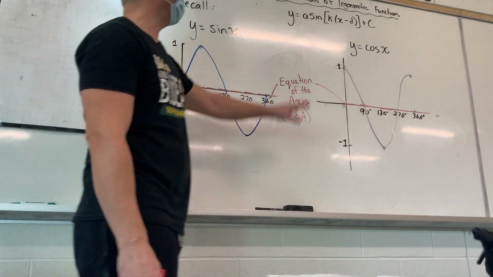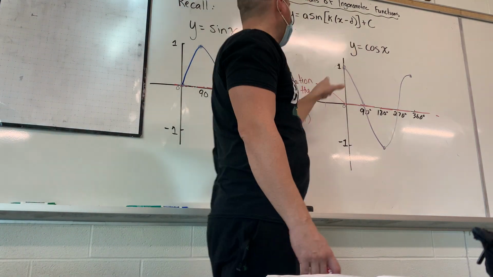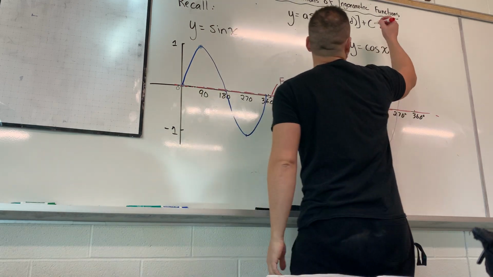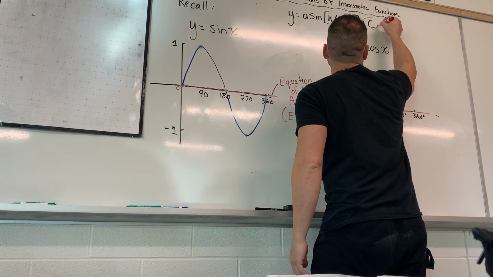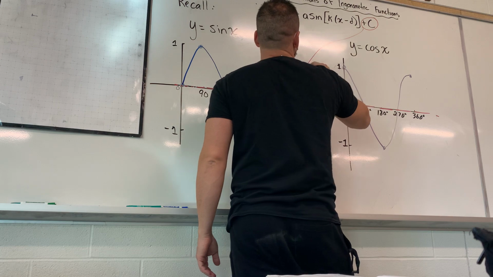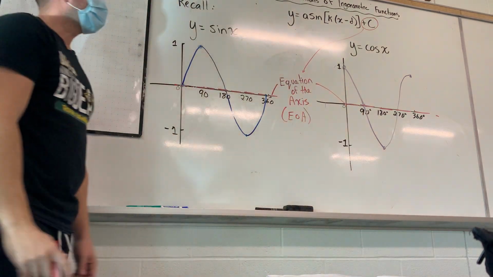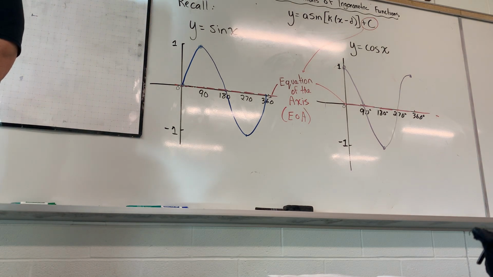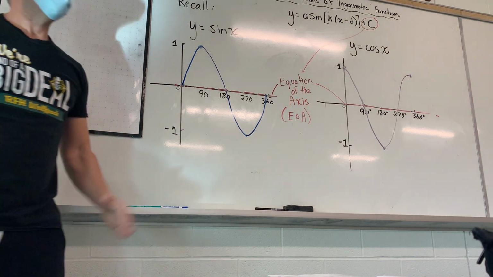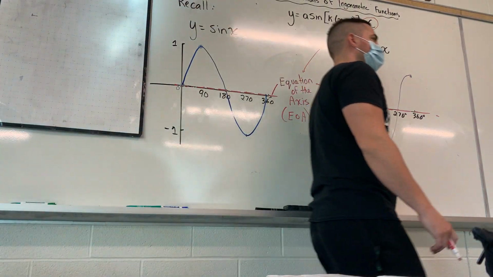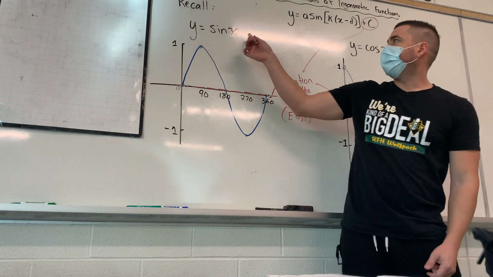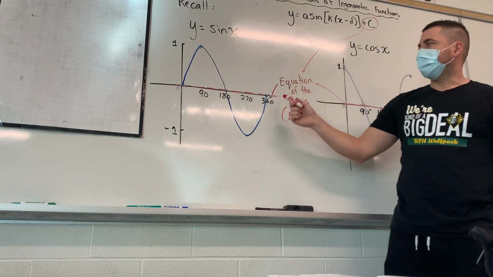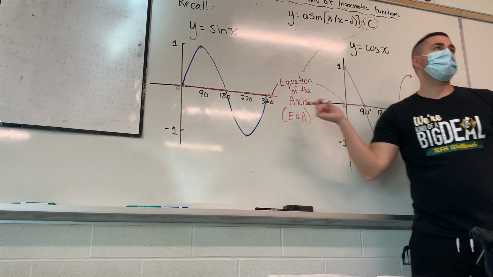When you have an equation, the equation of the axis is always your C value. So if there isn't a C, then it's 0, which is where we are now. In our equation right now, there's no C value, so it's 0. So our equation of the axis is at 0.